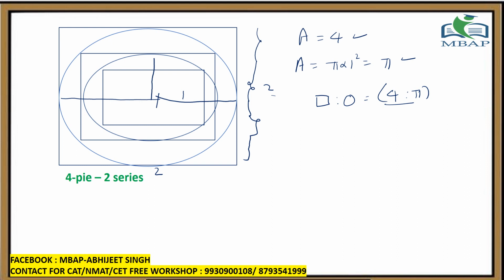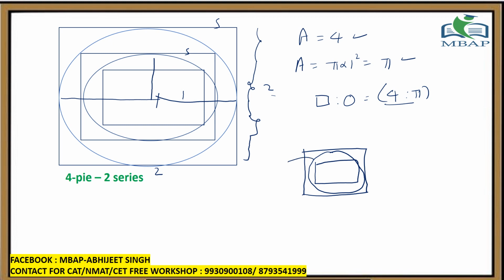Now you're comparing the bigger square versus this square. What happens if I remove the outer circle that you have here? I can visualize a figure which is just as simple as this: a square, a circle within a square, and then again a square.